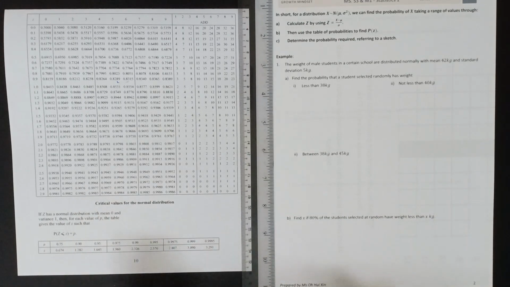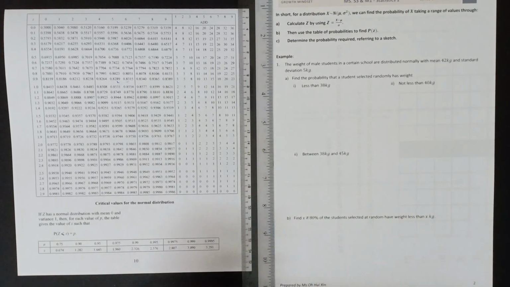So you should make sure that you already grasp the idea from the last two lessons before you move on to this one, because if not, you are going to find it very confusing or difficult when you deal with finding probability for z, because that is your basic. So if you are not sure that you already know everything in the previous lesson, make sure that you finish all the homework before you come to this lesson.